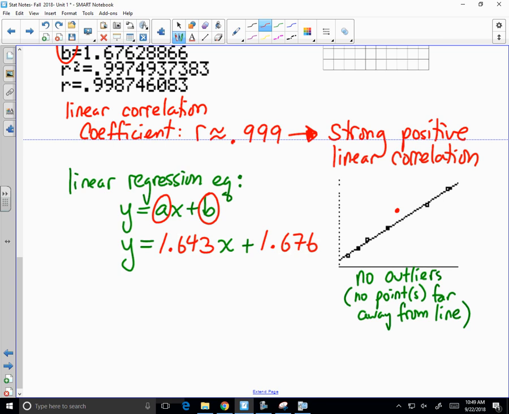We also have something called an influential point. An influential point is a point that's an outlier, but only in the x direction. All right. So, different story. If you have an outlier, this would just be an outlier. If I had a point over here, in the x direction, that would be an outlier in the x direction, making it an influential point.